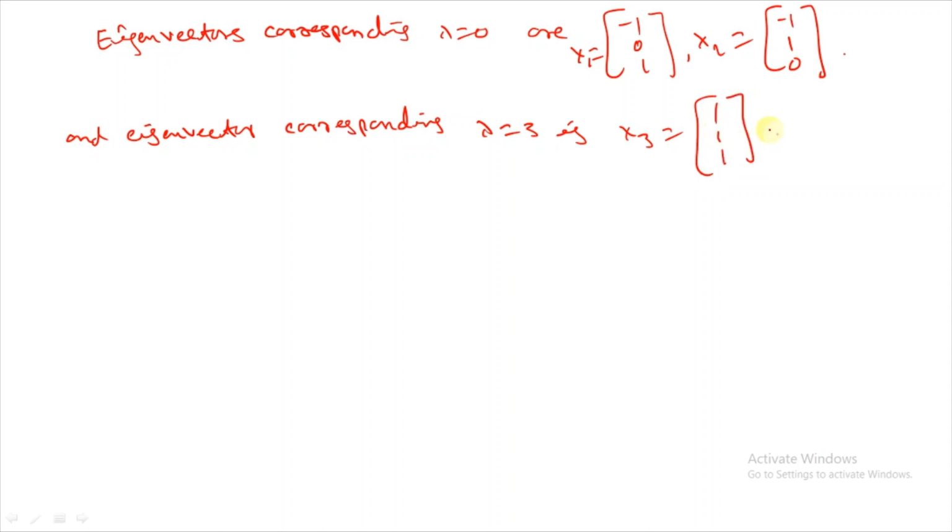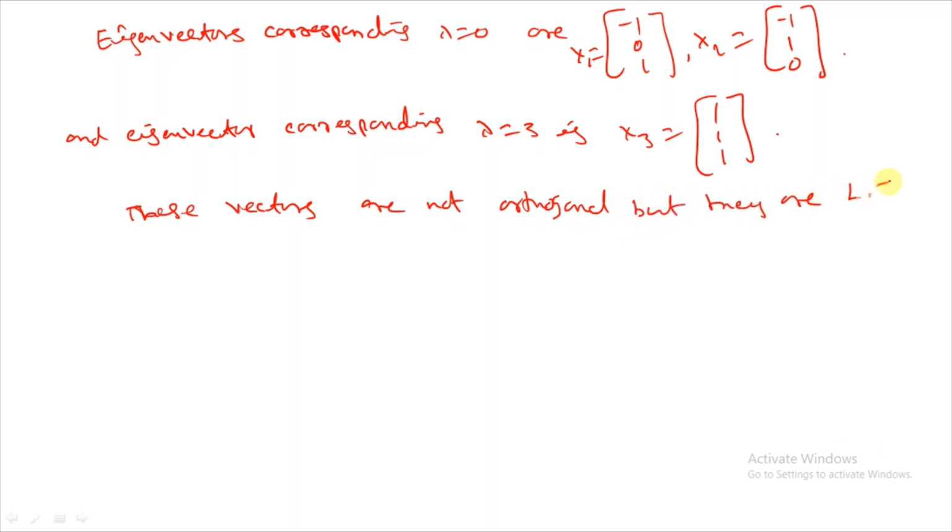These are the eigenvectors. Now you can check these are not mutually orthogonal. x1 and x3 are orthogonal, x2 and x3 are orthogonal, but x1 and x2 are not orthogonal. But they are linearly independent.